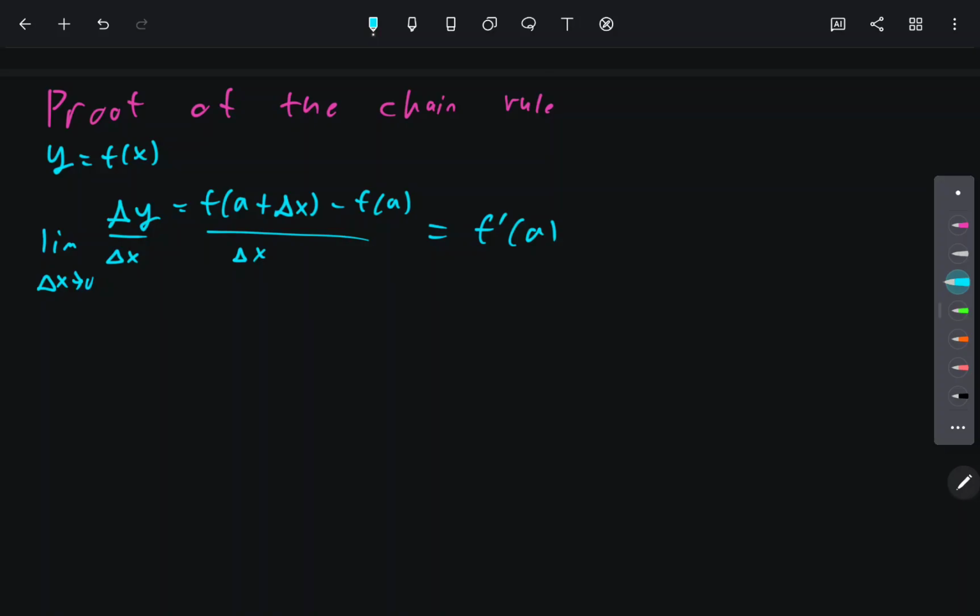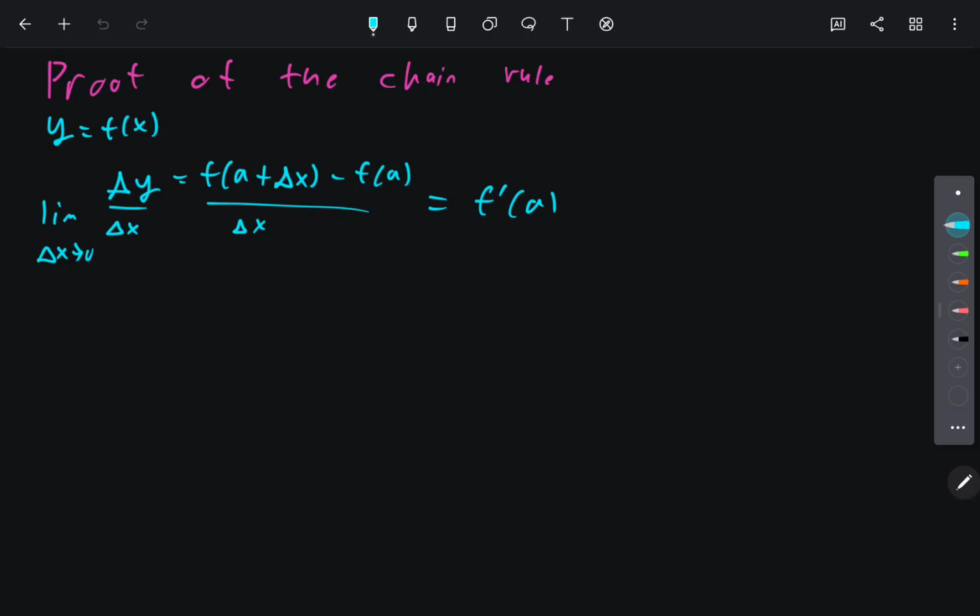So, we are now going to denote a new number, whose name is going to be epsilon.